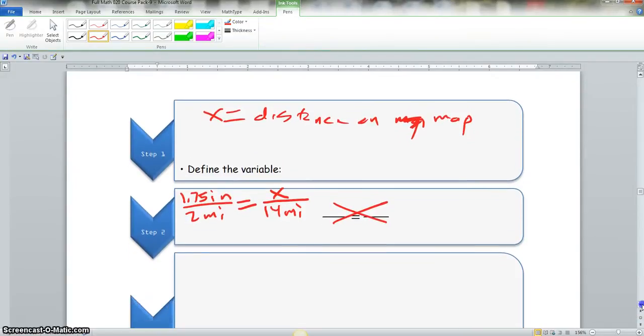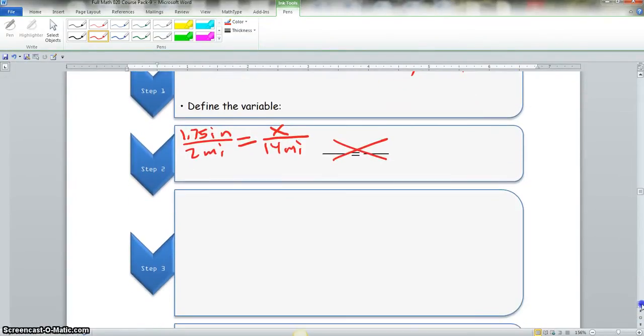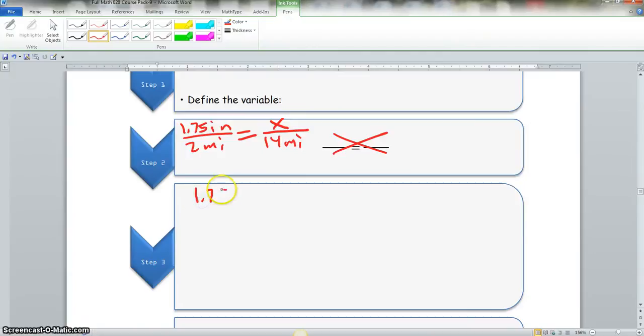Okay, so now we use cross multiplication. But first we need to rewrite the problem. It's equal to X over 14 miles.